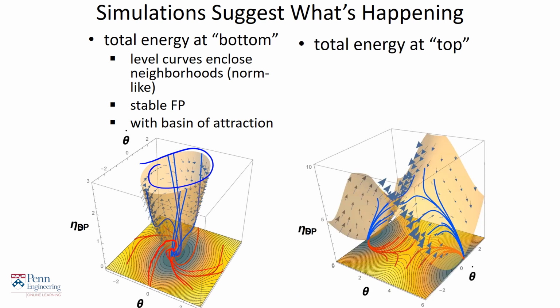Okay. In contrast, the total energy at the top is not basin-like at all. It gives rise to a saddle. And so when I plot the red trajectories of the phase plane up in the total energy space, where I'm implying them as blue, you can see that even if the power is always decreasing, and so the height is always going down, I'm trying to come to this stable fixed point.